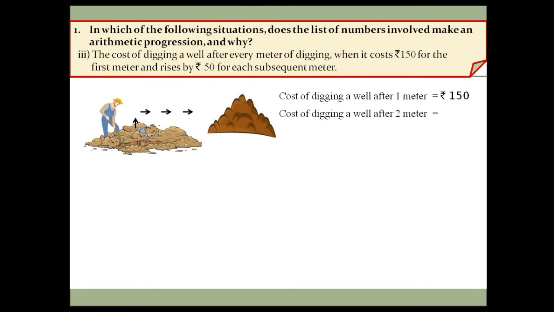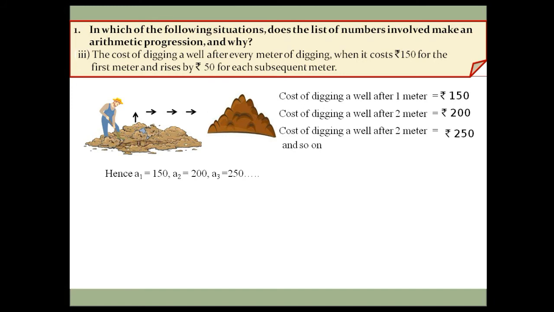Cost of digging a well after 2 meters equals rupees 150 plus 50, is rupees 200. Cost of digging a well after 3 meters equals rupees 200 plus rupees 50 equals rupees 250, and so on. Hence, first term is 150, second term is 200, third term is 250, and so on.